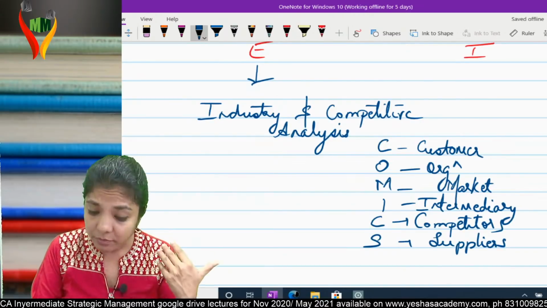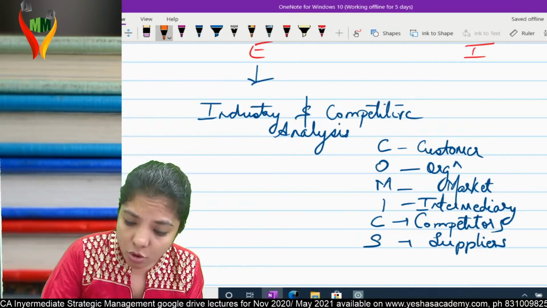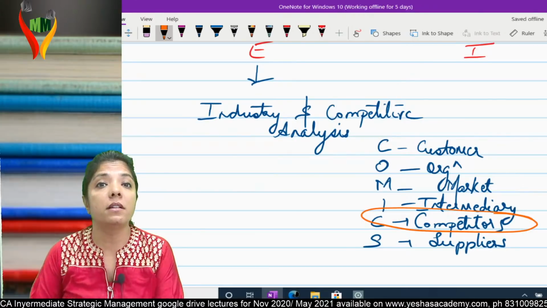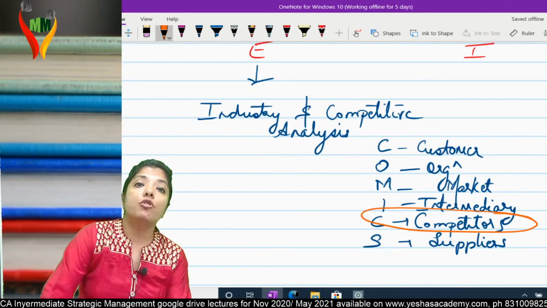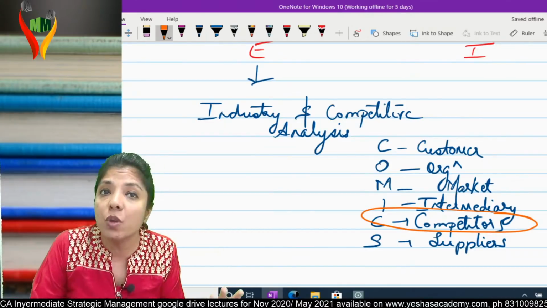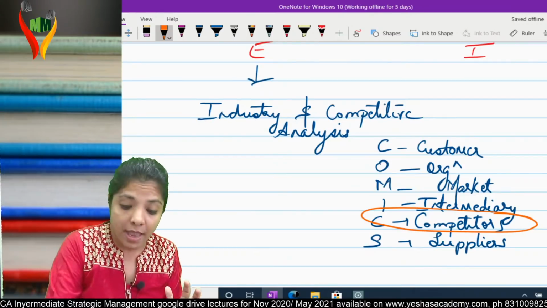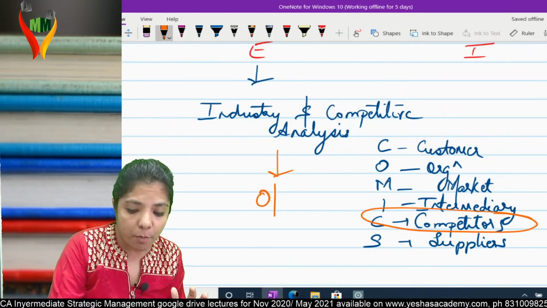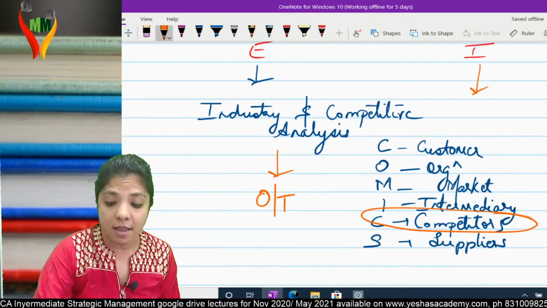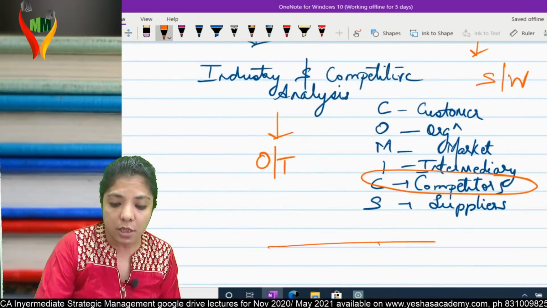But tell me, out of all this, who is the most dangerous one? Competitors. It is very important for me to focus maximum on competitors. So I have used the words industry and competitive analysis. And by doing this, I will come to know about opportunities and threats. By doing internal environment analysis, I'll come to know about strengths and weaknesses. And when I know this, for what?